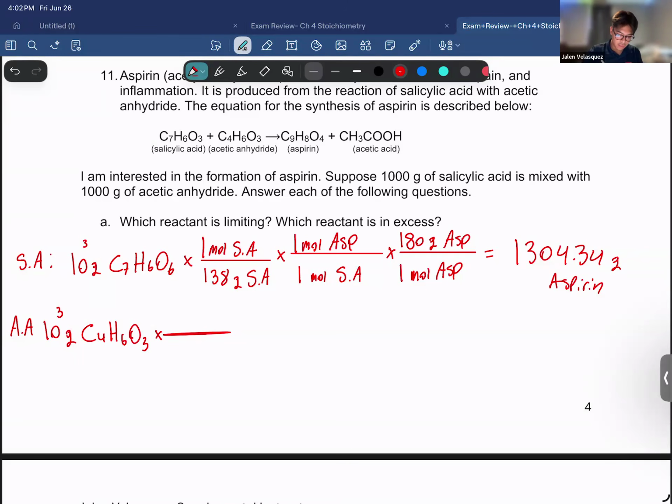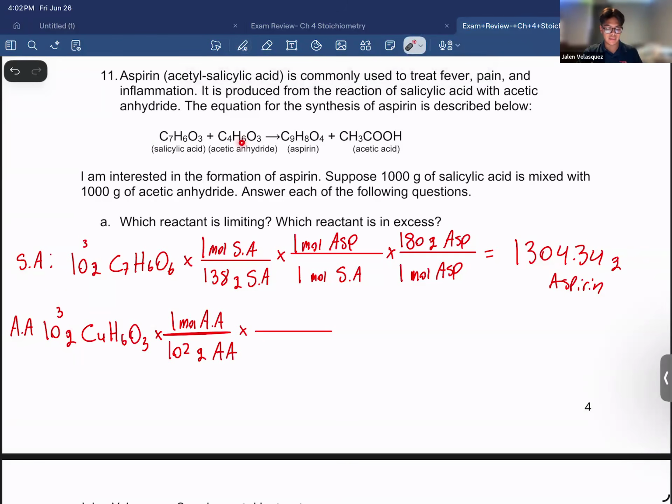So grams to moles here. And again, from going from the acetic anhydride to the aspirin, it's a 1-to-1 ratio.